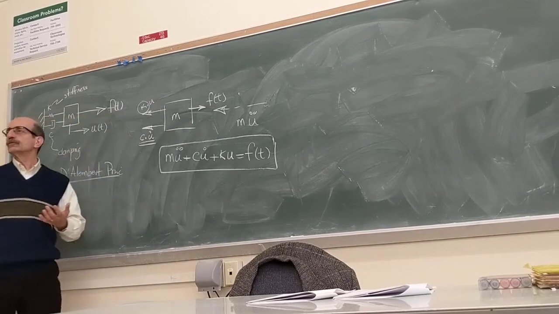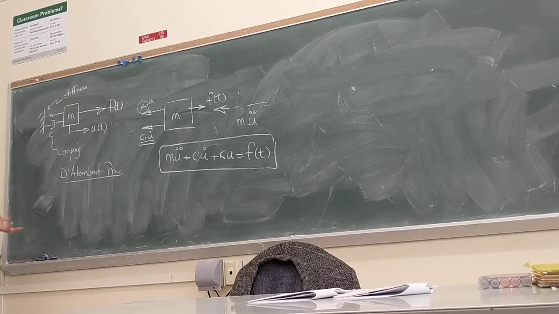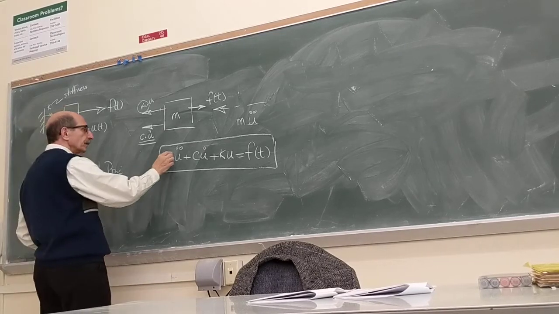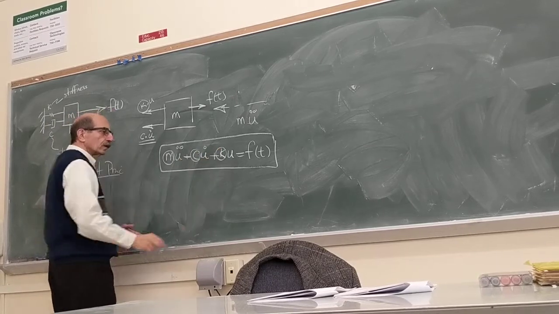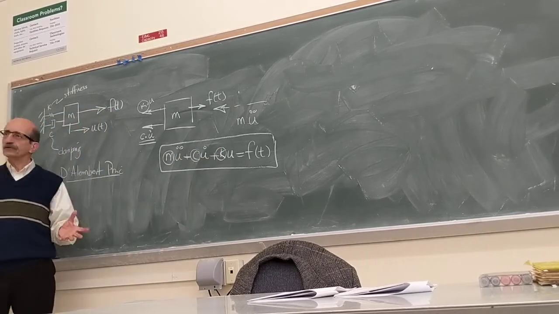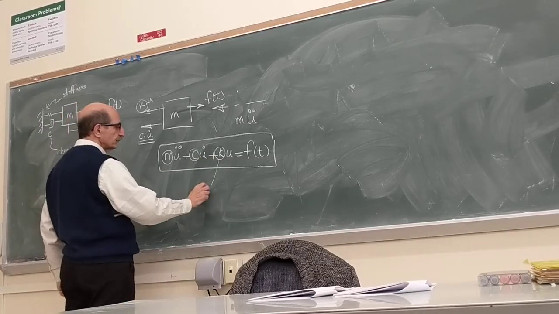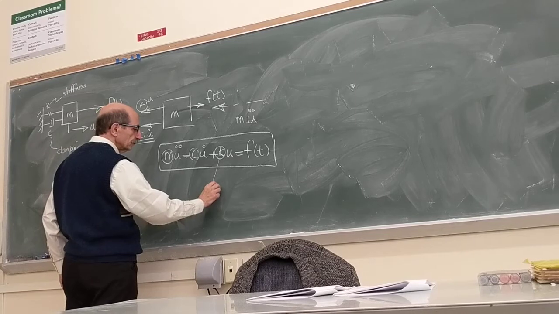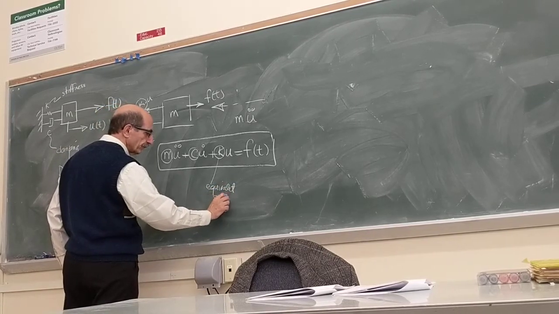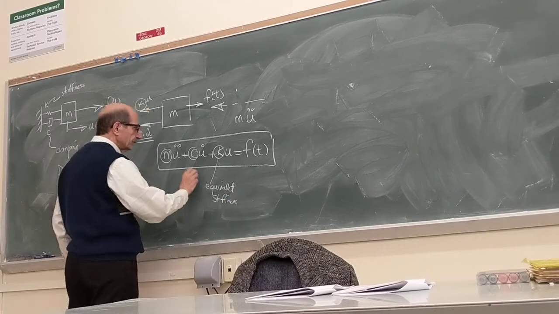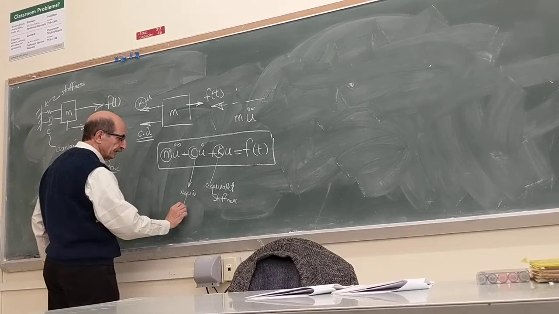And as I said, of course, this equation has everything we need to know, has information about the system. In other words, these elements are the inherent characteristics of a physical system. It's better called this equivalent stiffness. This we call the equivalent damping.